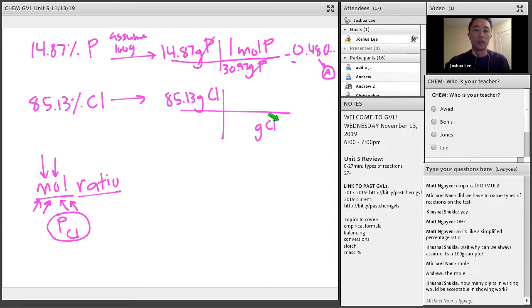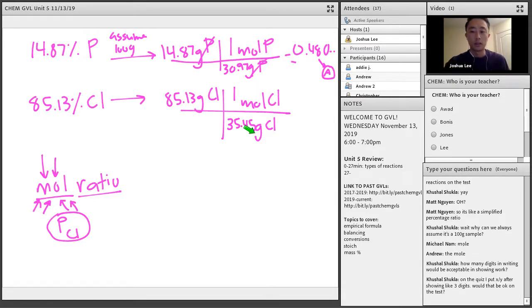Then for chlorine, I know chlorine, we use it a lot. So grams of chlorine, moles. Chlorine, Mr. Mole's by himself, so he gets 1. Grams is 35.45. 85.13 divided by 35.45, we get 2.401 dot dot dot, and I'll store this in B. So now you have moles, but I want a mole ratio.